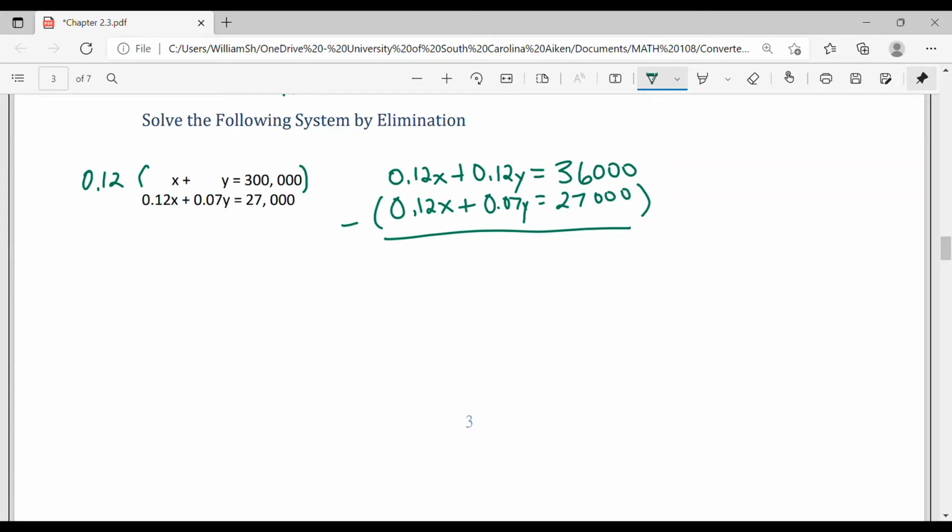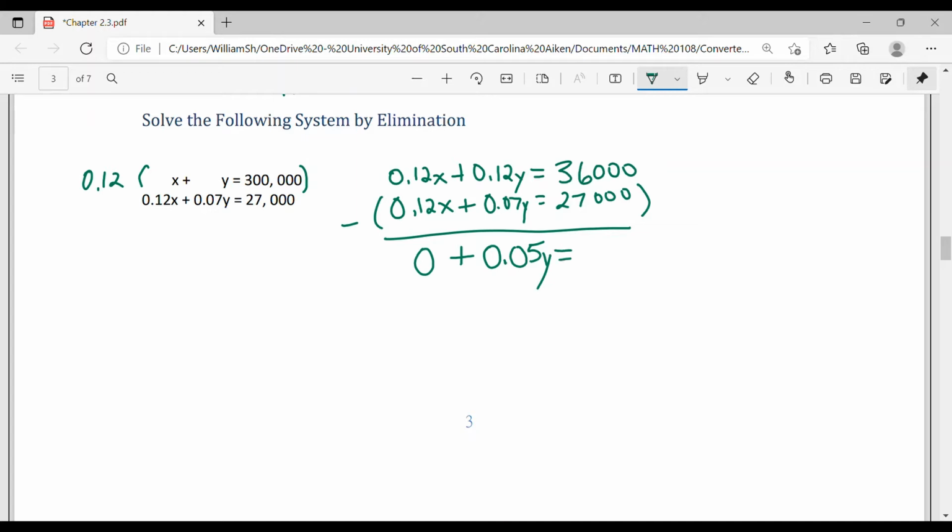Now, 0.12x minus 0.12x is a 0. 0.12y minus 0.07y should give us 0.05y.